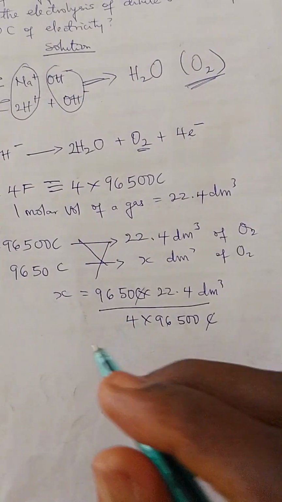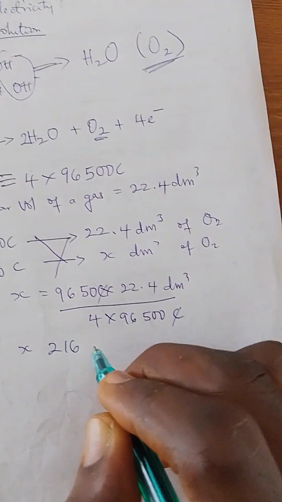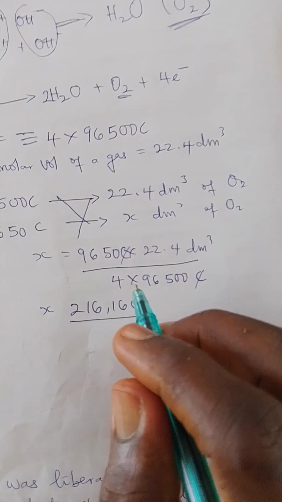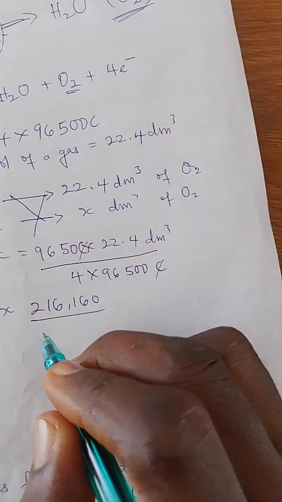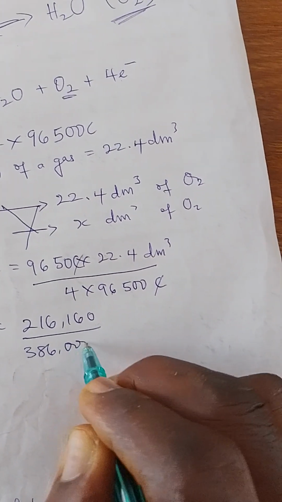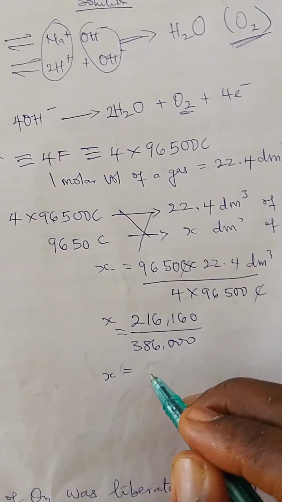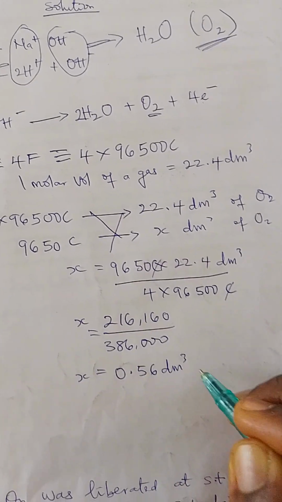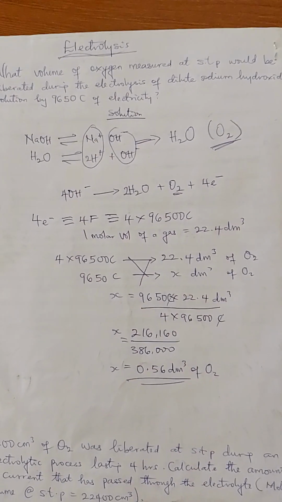When you punch, the numerator gives us 216,160, all over the denominator, which gives you 386,000. So when you punch now, everything will be 0.56 dm cube of oxygen. Very simple. That's the solution to the problem.